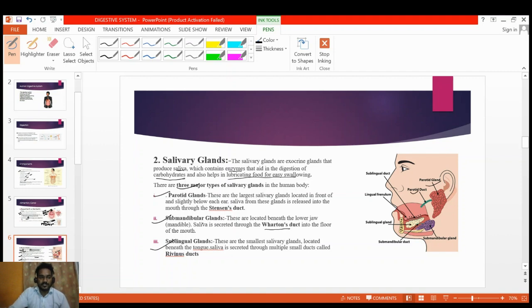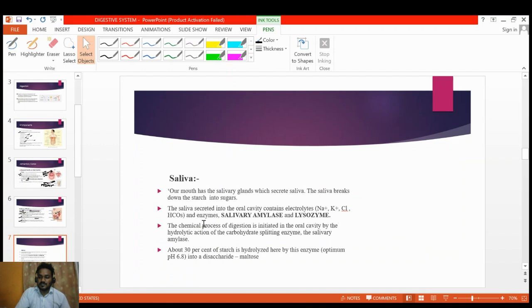Okay. Next to this, the saliva. Saliva is the main secretion produced by the salivary glands in the oral cavity. It comprises a variety of ions like potassium, sodium, and chloride ions, and different types of enzymes as well, like salivary amylase and lysozyme.